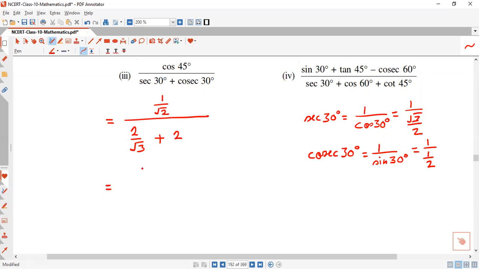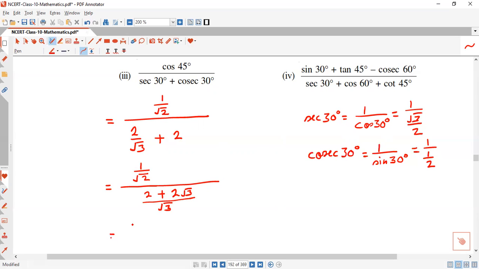Simplify this one. You see, in the numerator we have 1 upon root 2. And in the denominator, I take root 3 as LCM. We are taking here 2 plus 2 root 3. Now root 3 is multiplied by 2, and root 3 is multiplied by 2, giving plus 2 root 3.